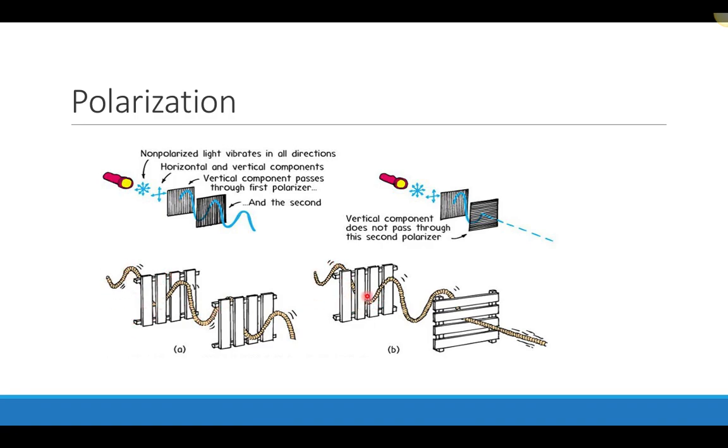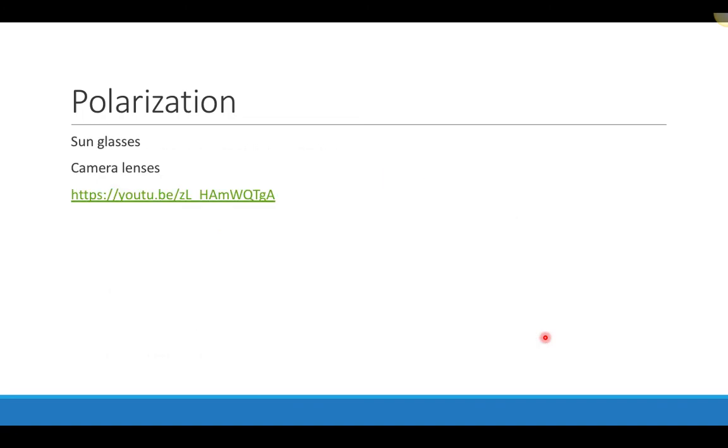But if the vibrations are now vertical and you try to make them horizontal, you can't get the wave to pass through. Polarization is used frequently in a lot of different things, and there are some demonstrations that you can see. Certainly a lot of sunglasses are polarized, camera lenses can be polarized, and there's a nice YouTube video that shows some examples of polarization.